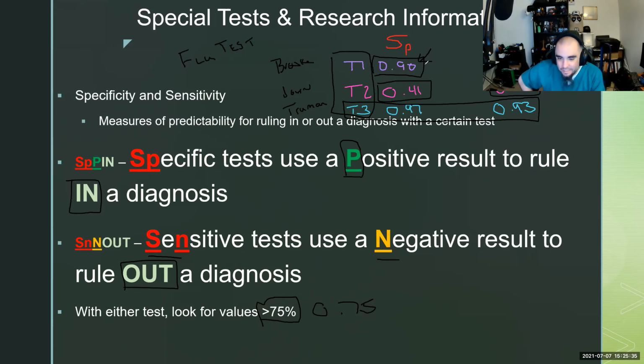It is a very sensitive test, but it is not a very specific test, which is why if you get a positive on your TB test, you then usually have to go for a QuantiFERON test or a chest x-ray to make sure you don't have TB. So it is not very specific. It is very sensitive. I think it's got like a 99.9% sensitivity, so 0.999. It is a very good sensitive test. It just doesn't rule in conditions very well.